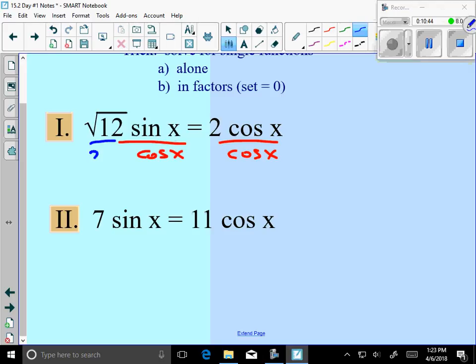It's actually 2 root 3, right? 2 root 3. What do I get? I get tangent of x equals 1 over root 3. Oh, yeah. All right, you can draw a triangle from there and figure out what you're doing. Okay? Draw a triangle.